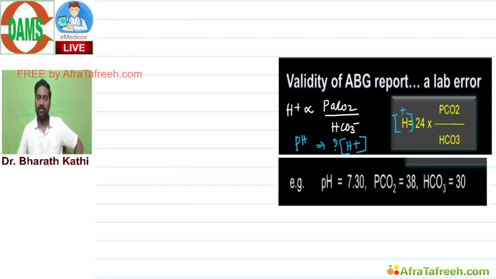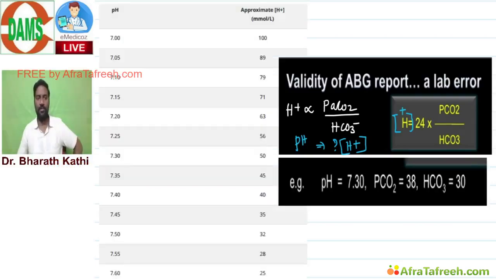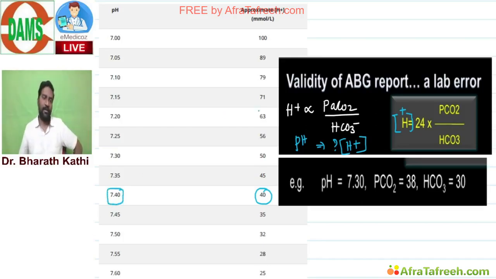And you should know the standard values: for what H+, what will be the pH. This is the table. Now suppose H+ concentration is about 40 nanomoles per liter. If it is about 40, the pH should be about 7.40. Now if H+ concentration is about 60, the pH should be about 7.20.